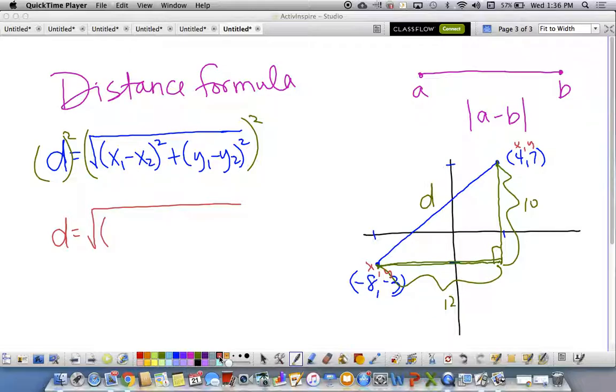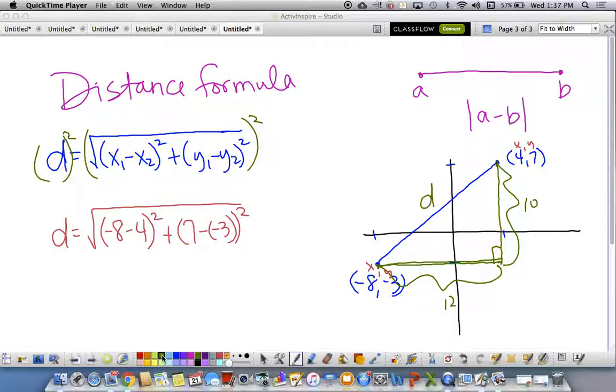Okay, so my x, I don't know, doesn't matter. What do you want to do? What if I did negative 8 minus 4 squared, and on the other one, I even switched the order, and I did 7 minus negative 3 squared. Could I do that? As long as my x is with my x, my y is with my y, I can.